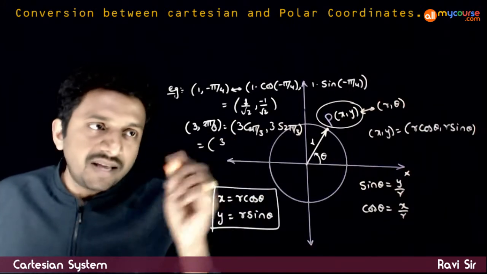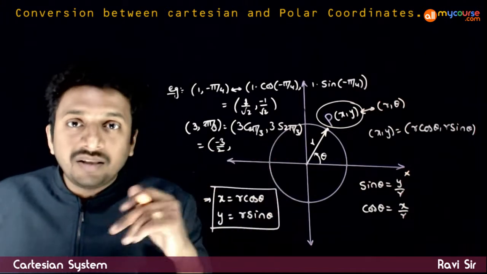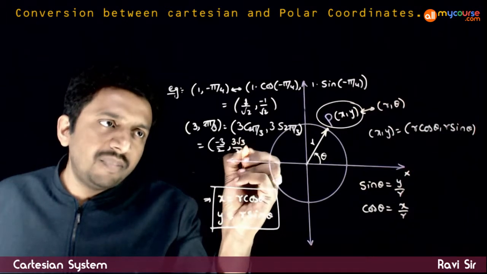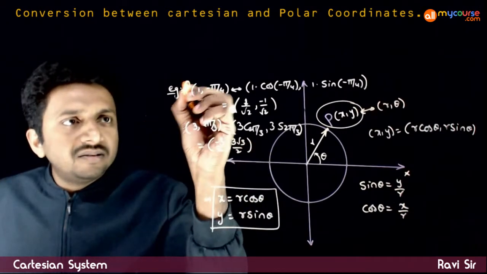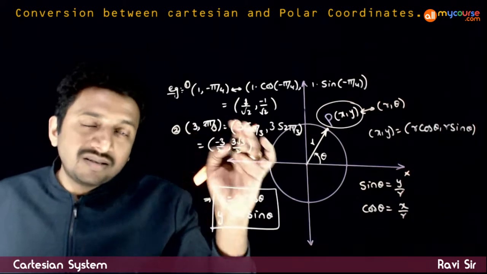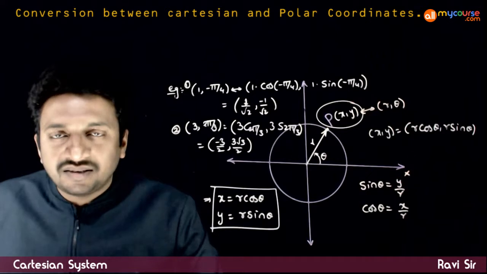Cos 2 pi by 3 is minus 1 by 2, so minus 3 by 2 comma sine 2 pi by 3 is plus root 3 by 2, so we have 3 root 3 by 2. I hope you have understood how to convert polar coordinates into Cartesian coordinates. Just the formula is r cos theta comma r sin theta.